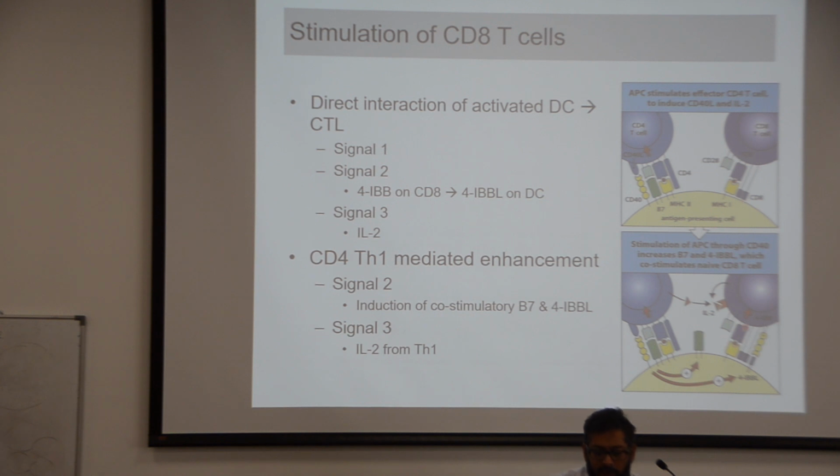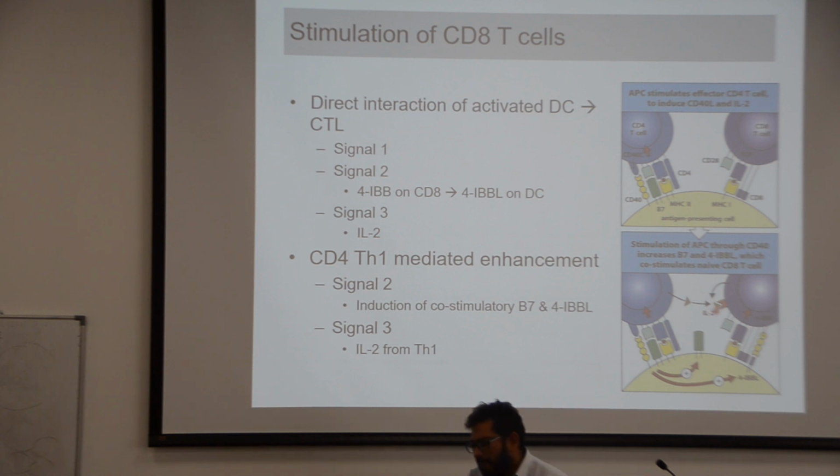In signal 2, instead of having the CD28 and CD80 and 86 interaction, it primarily resides on the 4-1BB molecule on CD8 that interacts with 4-1BB ligand on the dendritic cell. The induction of this particular ligand is under the influence of T helpers that help the antigen presenting cell to upregulate the 4-1BB ligand. And signal 3 is primarily the interleukin 2 receptor.